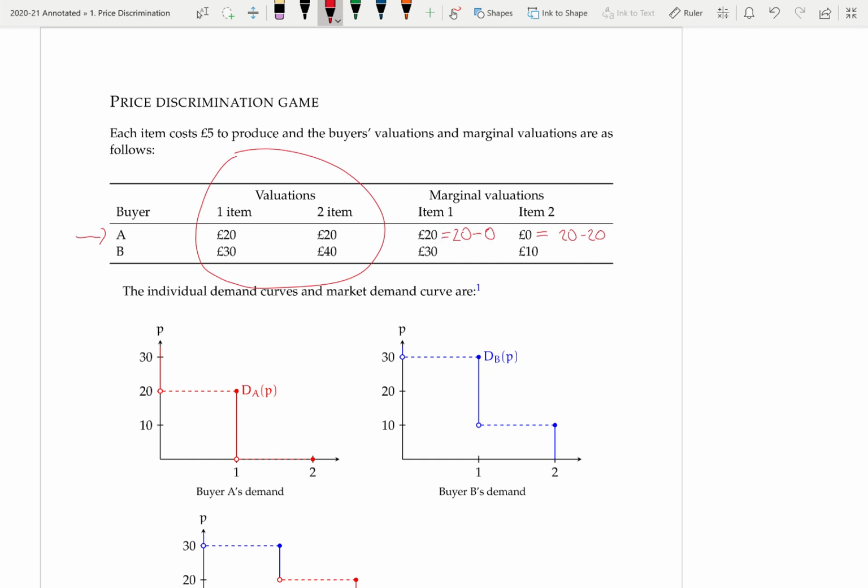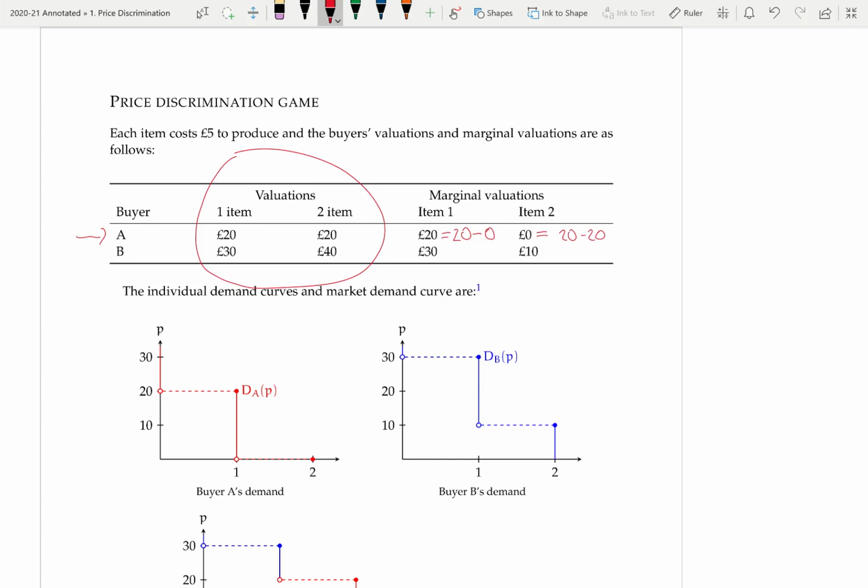So if the extra satisfaction or utility that buyer A gets from the first item were less than the price, then buyer A is better off not buying that first unit. However, when the price comes down below 20, it now becomes worthwhile for buyer A to buy that first item, because by buying it, buyer A is going to increase their consumer surplus.